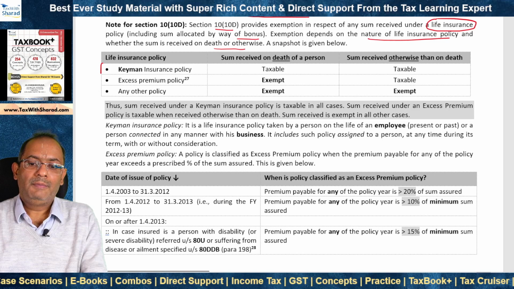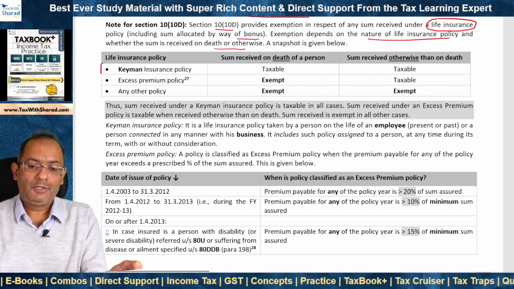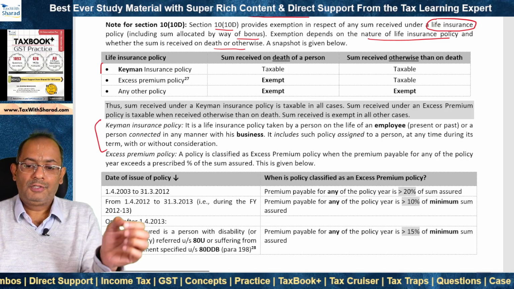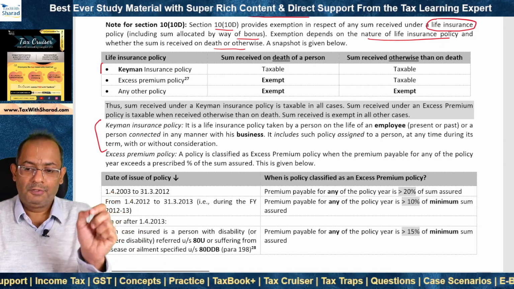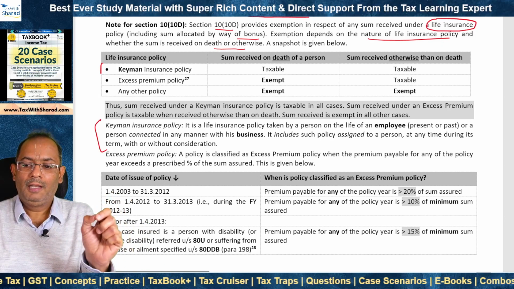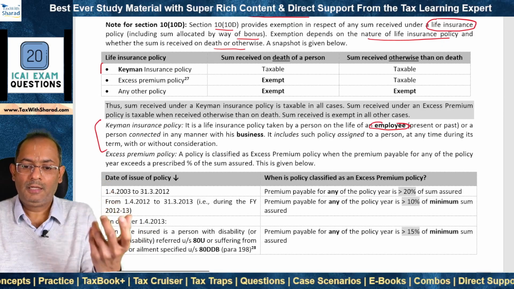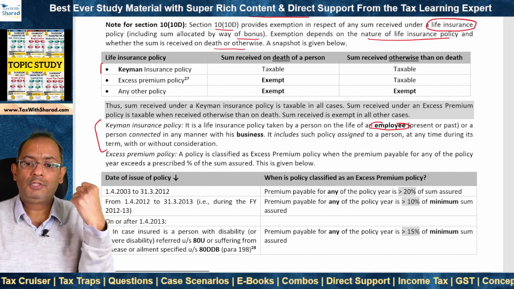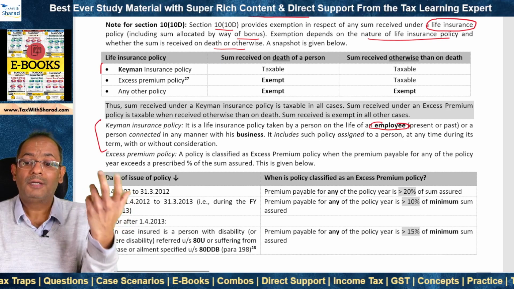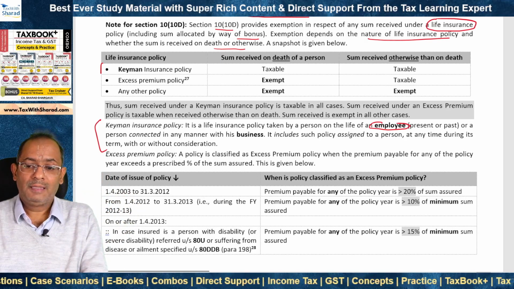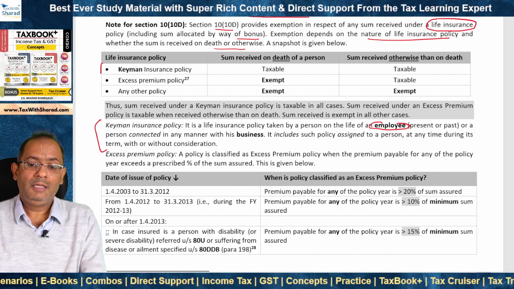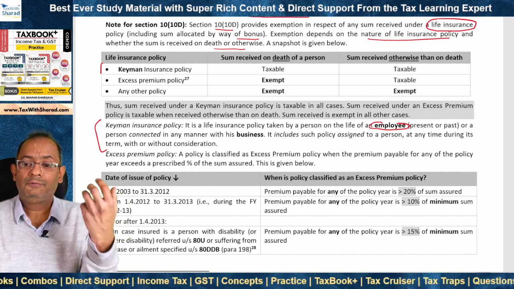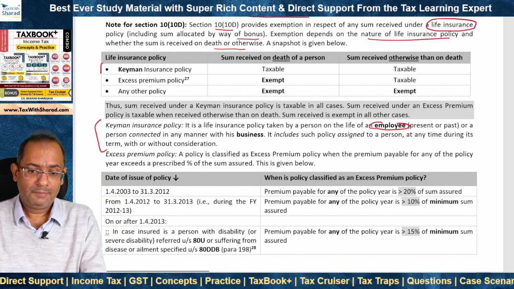First, a key man insurance policy. What is a key man insurance policy? Key man insurance policy is basically a life insurance policy taken by a person on the life of an employee, mostly a senior employee. By key man, we mean a person who is very important, right? Who is the key personnel. So generally, the businesses take life insurance policy or the key man insurance policy on the life of their senior most employees, right?